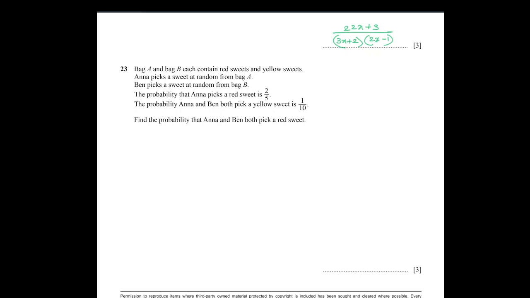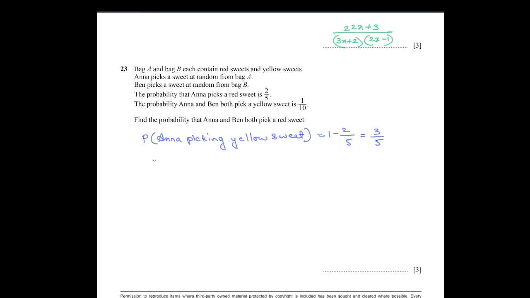So first, the probability of Anna picking a yellow sweet will be 1 minus 2 by 5, because the probability she picks red is 2 by 5. From 1 I subtract 2 by 5, I get 3 by 5. So Anna picking the yellow sweet is 3 by 5.